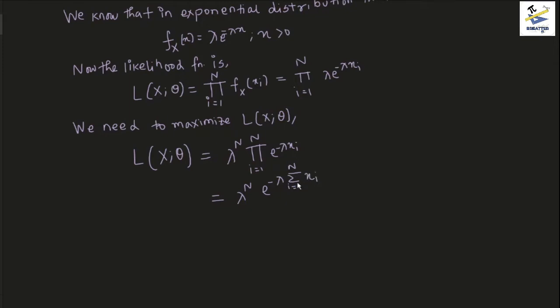Now obviously this is the function that needs to be maximized, and let us see what value of lambda would allow us to do so. So what we do is instead of the likelihood function, we rather maximize the log likelihood function, and since the log function is simply increasing, we get the results we want. So it basically works as follows.